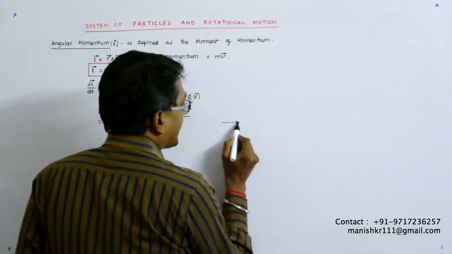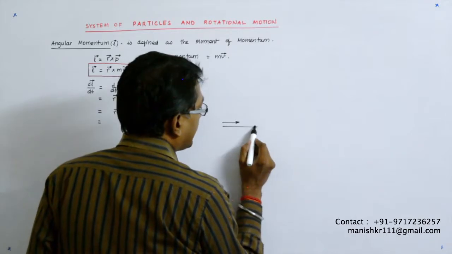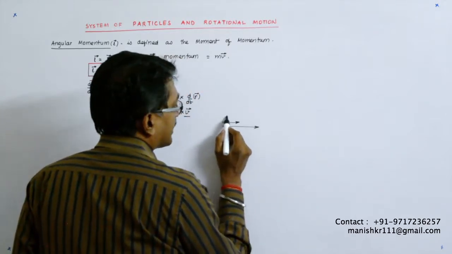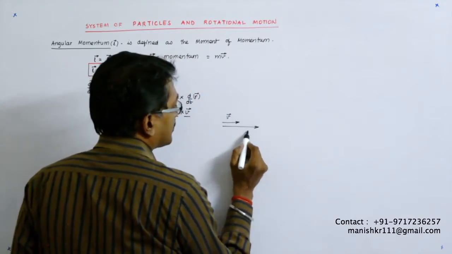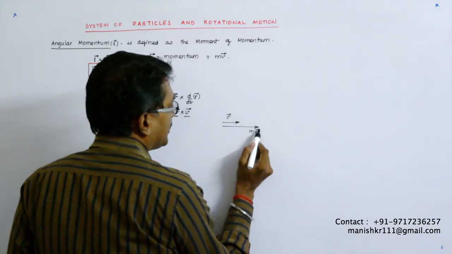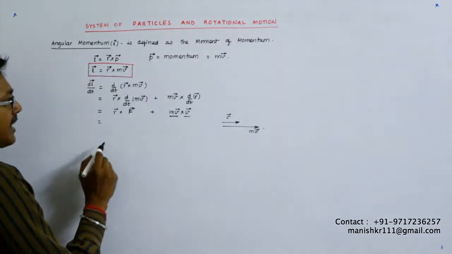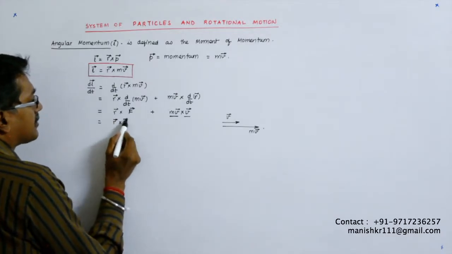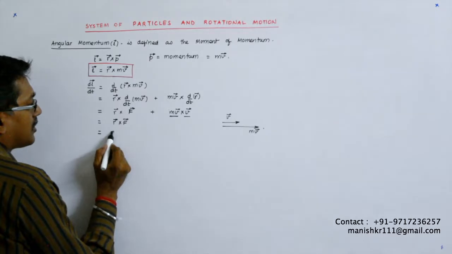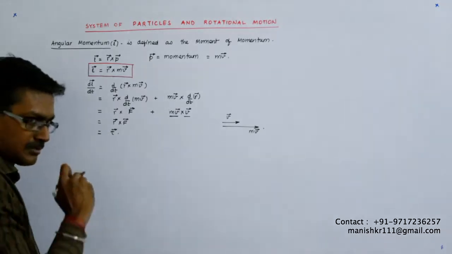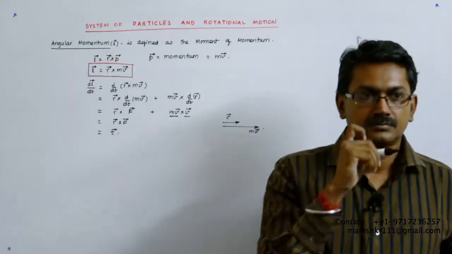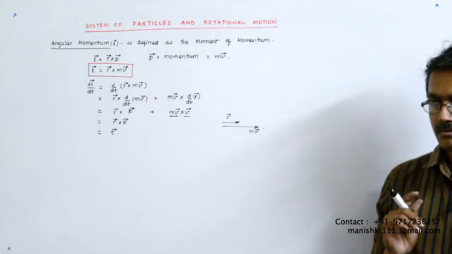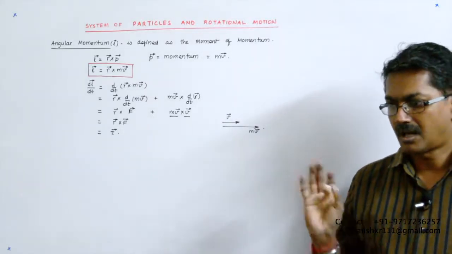Now if v is like that, multiplied by a positive thing, this is mv, so it is that, and this becomes r cross f, and this r cross f is what? The tau.